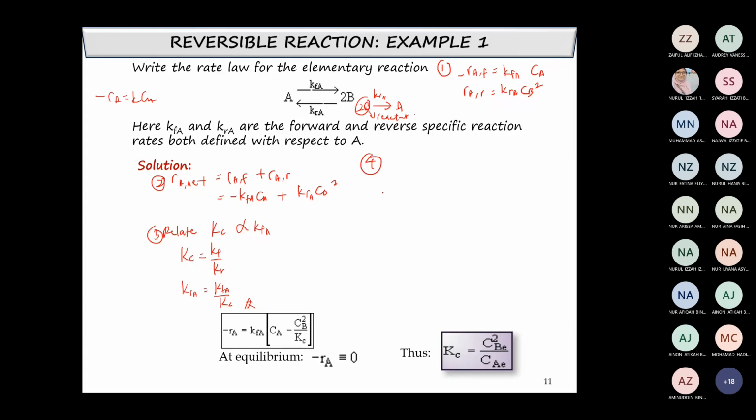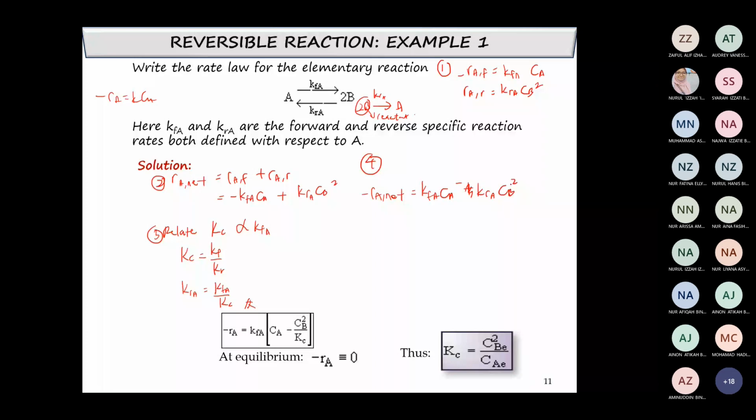So it become negative RA net. Okay, so ini akan jadi positif lah. Is equals to KFA CA, alright, plus with the, ini minus, should be minus KRA CB kuasa 2.